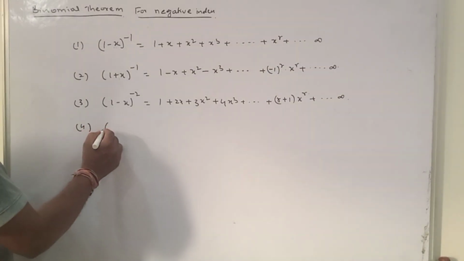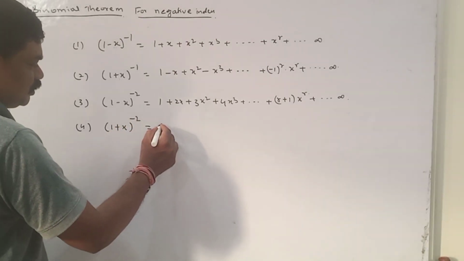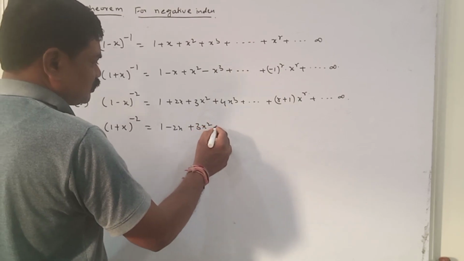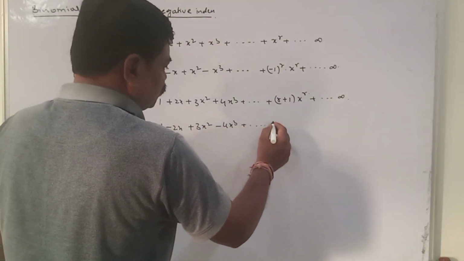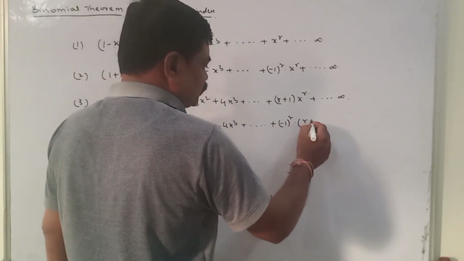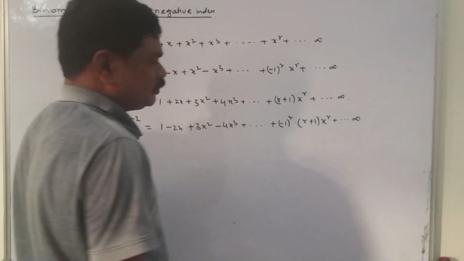Fourth one: (1 plus x) whole power minus 2 is equal to 1 minus 2x plus 3x square minus 4x cube plus so on plus (minus 1) whole power r into (r plus 1) x power r plus so on up to infinity.